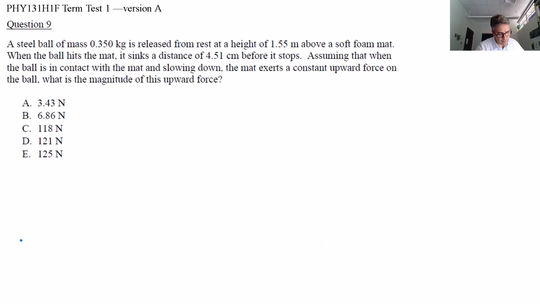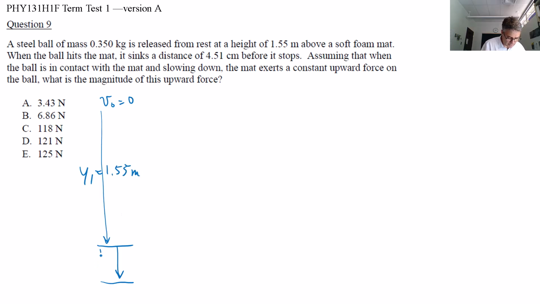A steel ball of mass 0.35 kilograms is released from rest at a height 1.55 meters above a soft foam mat. So V0 equals 0. When the ball hits the mat, it then sinks a distance of 4.51 centimeters before it stops. So the first thing that happens is it goes some distance y1, which equals 1.55 meters.